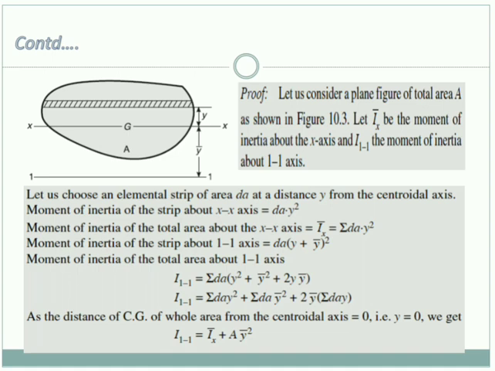Therefore the statement of the theorem, which was that moment of inertia about an axis parallel to the centroidal axis can be obtained by the moment of inertia about the centroidal axis plus the product of A into y bar square, is thus proved.